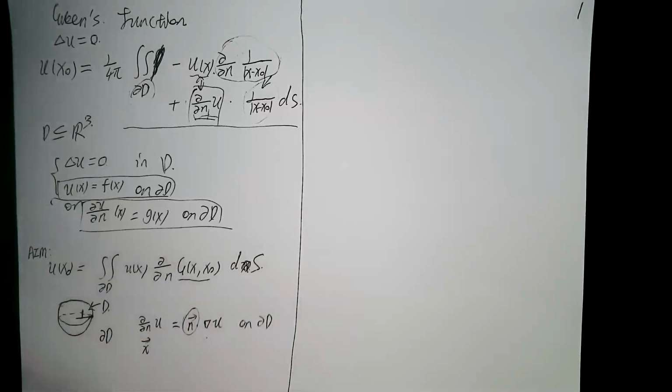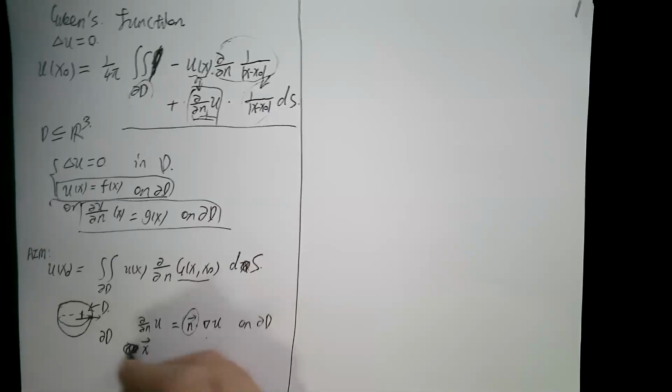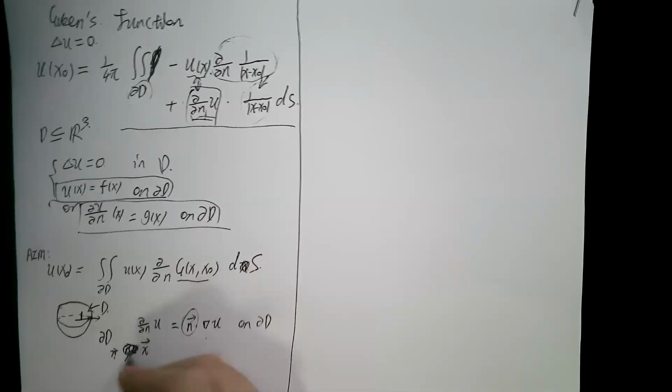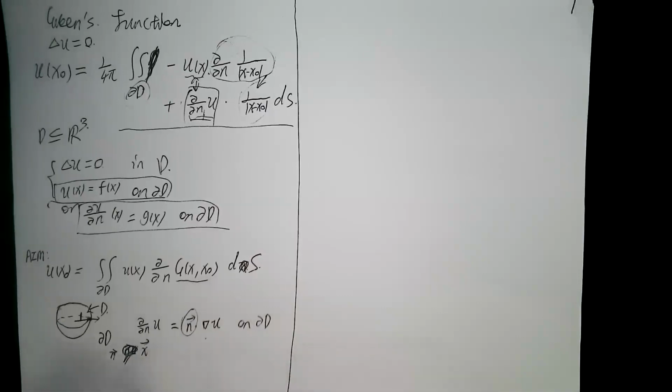So n is not equal to x, it's parallel to x. But n is a unit vector, so n should equal x over the norm of x at any point x.